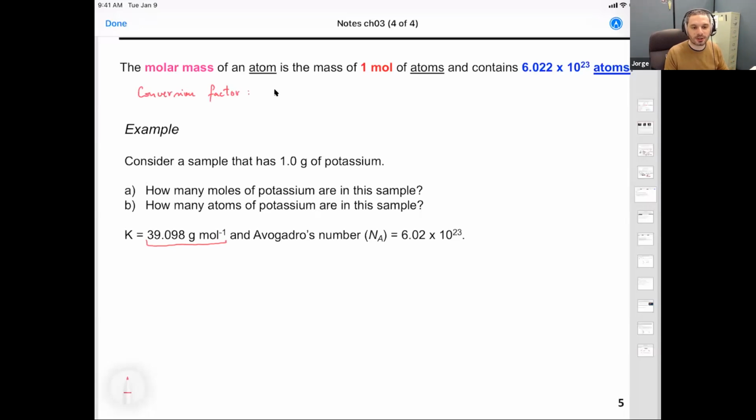So I'm going to start with the atomic molar mass. So in this case, potassium is 39.098 grams. Every time we have the atomic molar mass, that is going to be equivalent to 1 mole of, in this case, potassium, okay? 1 mole of atoms of potassium, if you want to be more precise.